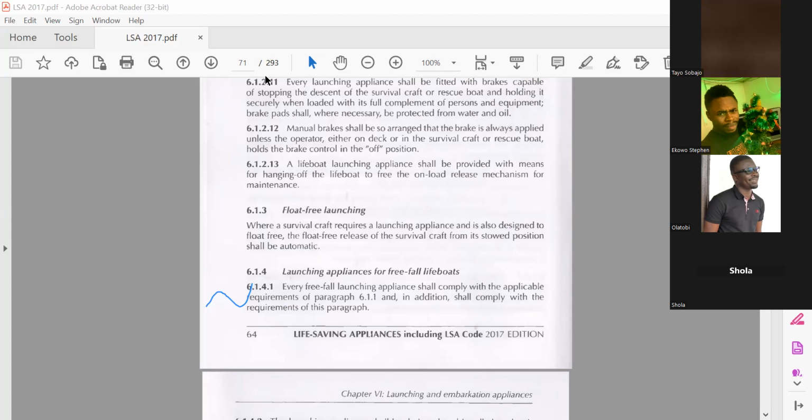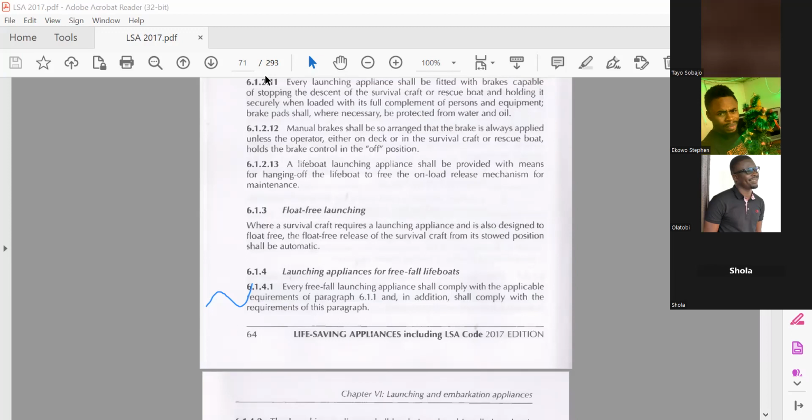6.14. Launching appliances for free fall lifeboats. Again, they are referring us back to paragraph 6.11, general requirements.